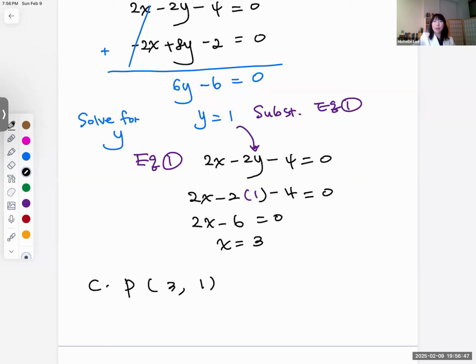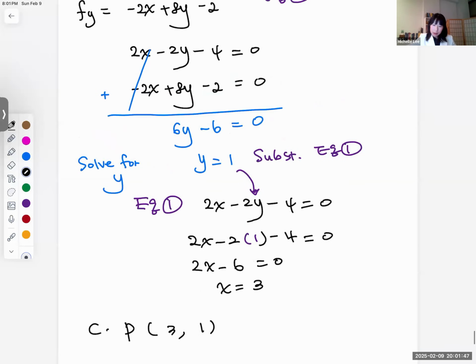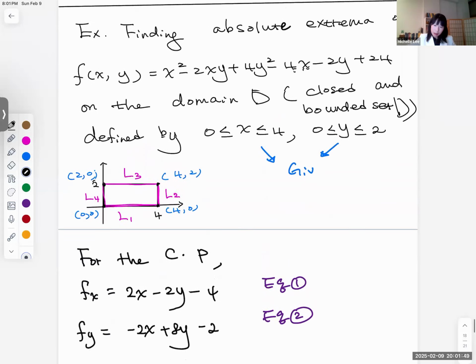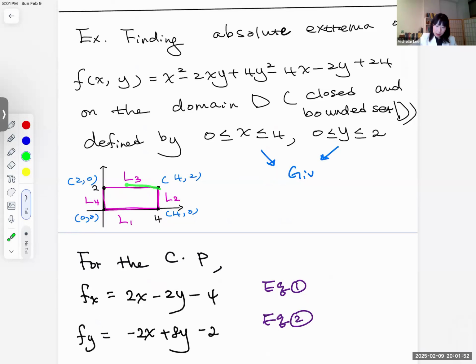Next, what do we do? All right, so we have this closed and bounded set D, right? So we want to find the absolute extrema. We just found the critical point, so we will evaluate the critical point later here and see how much we get.